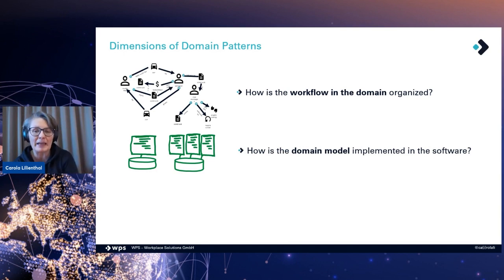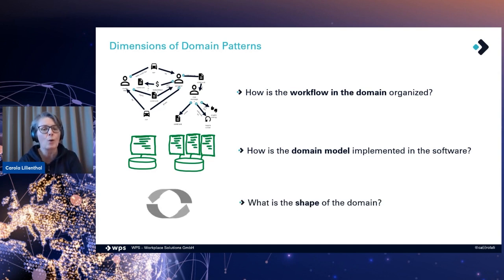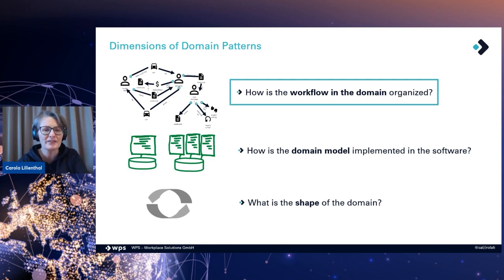We look at this dimension because there are implementations of domain models that make it much easier or harder to decompose the legacy system. And the third dimension is, what is the shape of the domain? We look at this dimension because the evolution of the domain and the software influences each other, and the legacy software is different to decompose depending on the state of the evolution. Let's start with the first dimension.